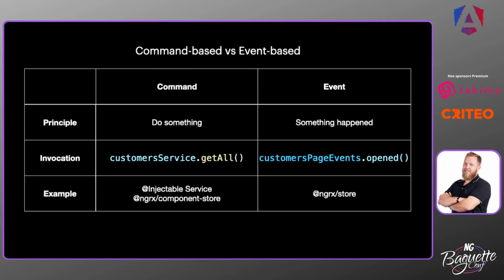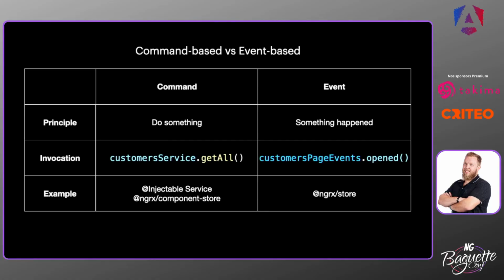The second approach is event-based approach. It takes, again, it to the next level. We no longer tell it what to do specifically. We're saying something happened, and whoever's listening, you go figure out what needs to be done. But from the perspective of component or particular part of the system, it says, hey, something happened. So it's event-based approach.